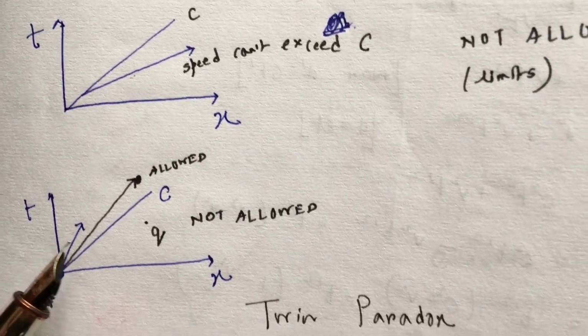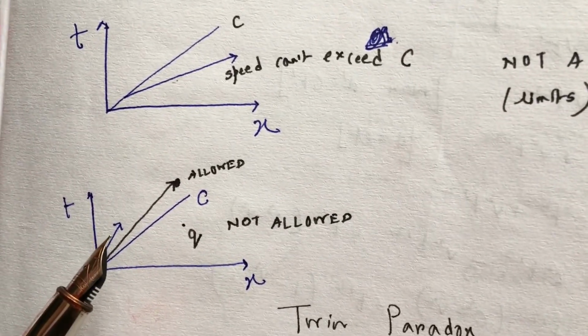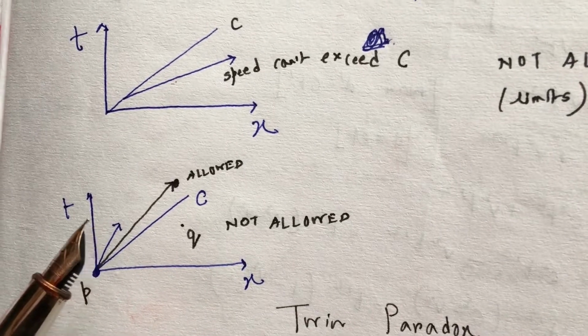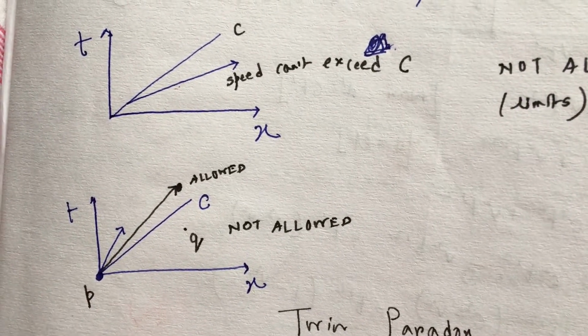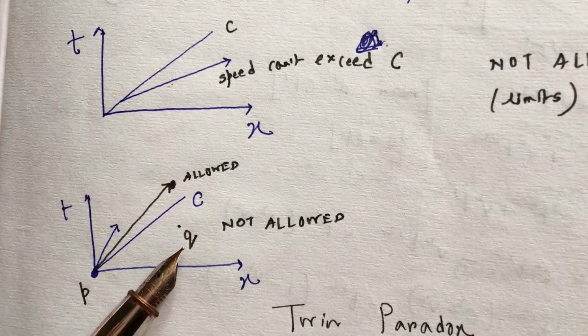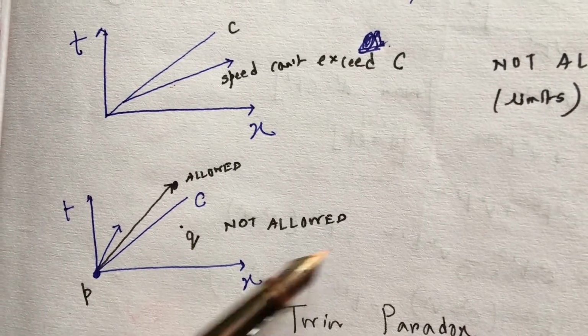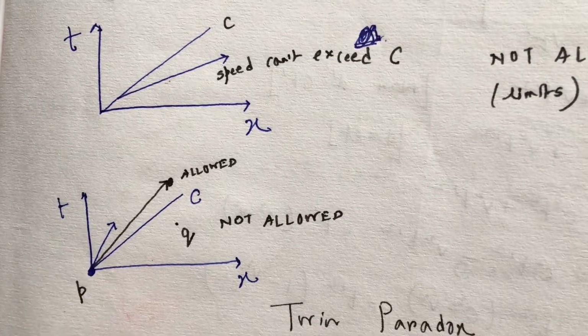But we can travel in this region, because here my speed is always less than c. So this region staying at the Q point is not allowed, but this region is allowed.